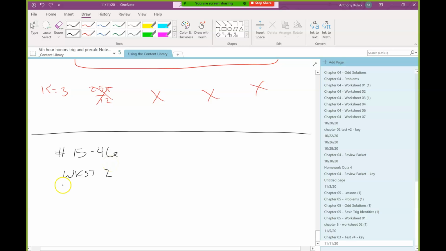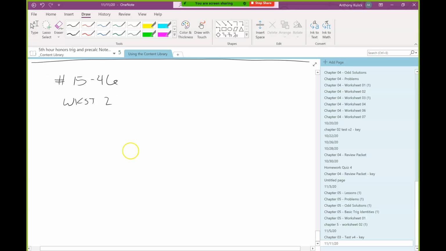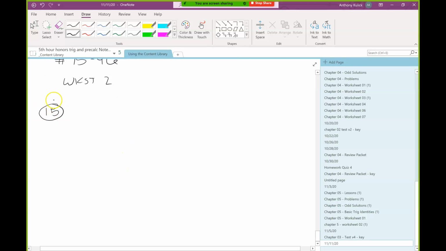I just want to do an example from this 15 through 46 because the directions are a little bit odd and we haven't done a specific example of what I'm asking you to do on those. It's quite easy once you do part A to do parts B, C, and D. A is the hard part. You don't really have to do much more to get the next parts. So I'm just going to do 15 here for us as an example.